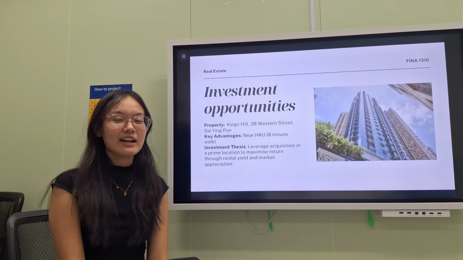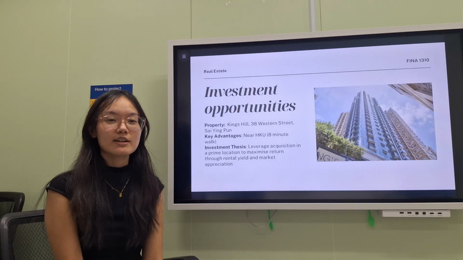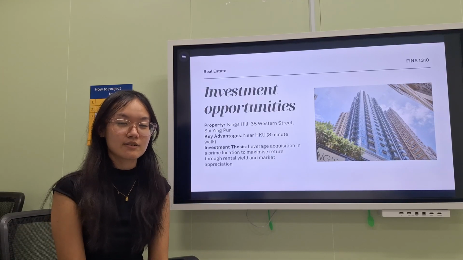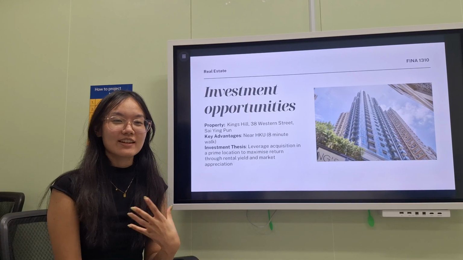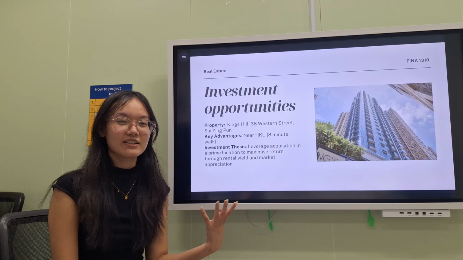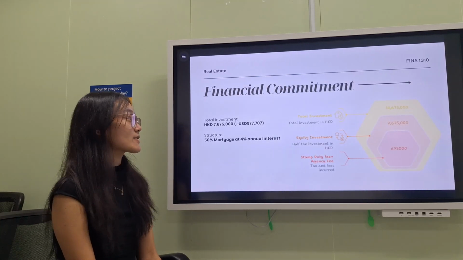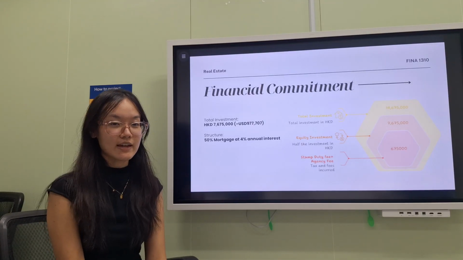For real estate, I've chosen Kings Hill and 38 Western Street, Sai Ying Pun, mainly because it is 8 minutes away from HKU, and HKU has 42,000 students, and there's a lack of sufficient dorms for them. As for the financial commitment, we're investing around $7,675,000.